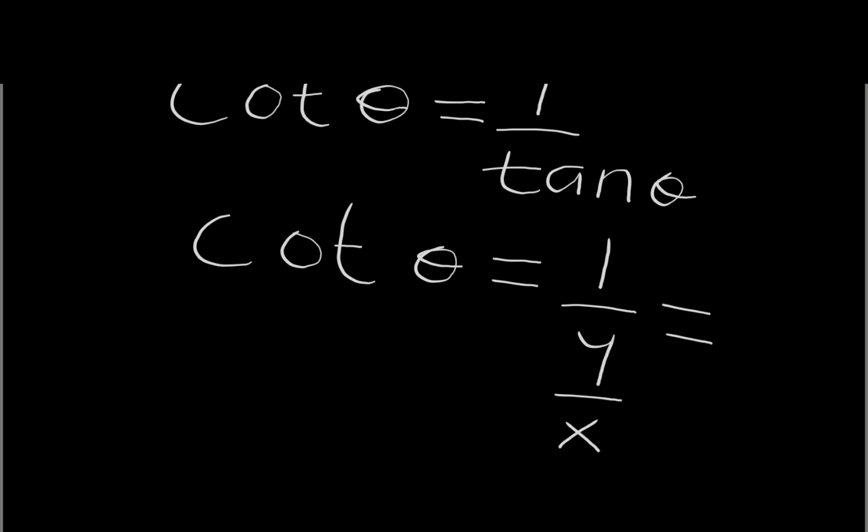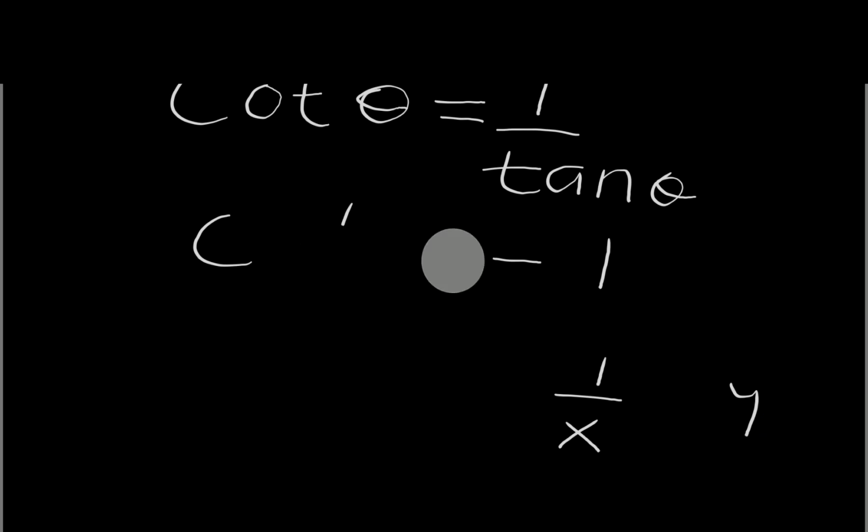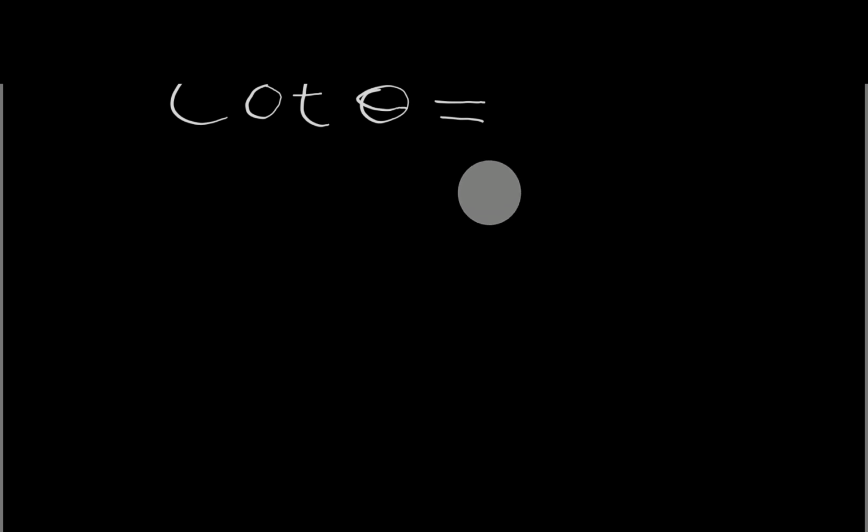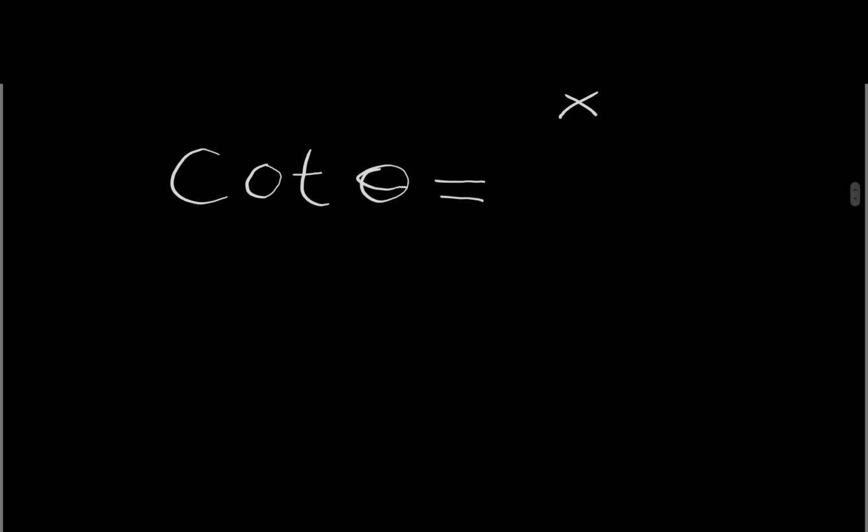And when you simplify, we are going to have x over y. Therefore, cot theta is equal to x over y. So let's represent cot theta with x over y.